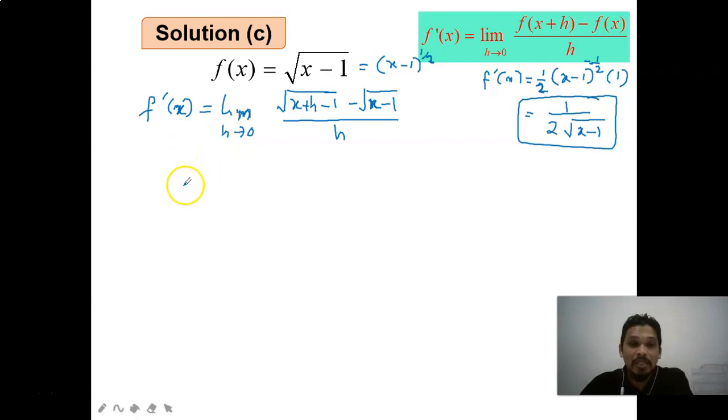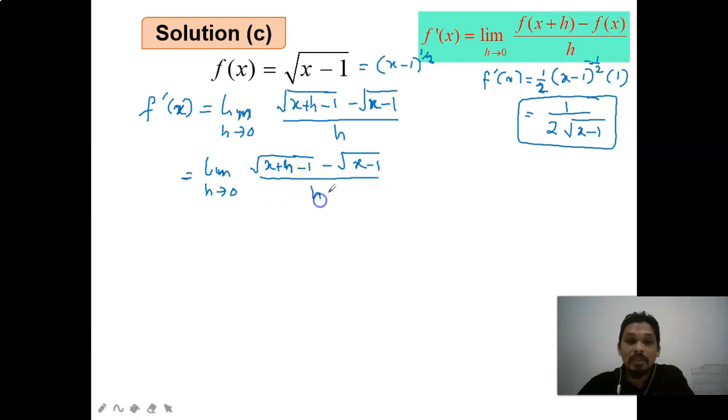What we are going to do next is take the limit as h approaches 0. First, copy all this again: the square root of x plus h minus 1, minus the square root of x minus 1, and everything divided by h.